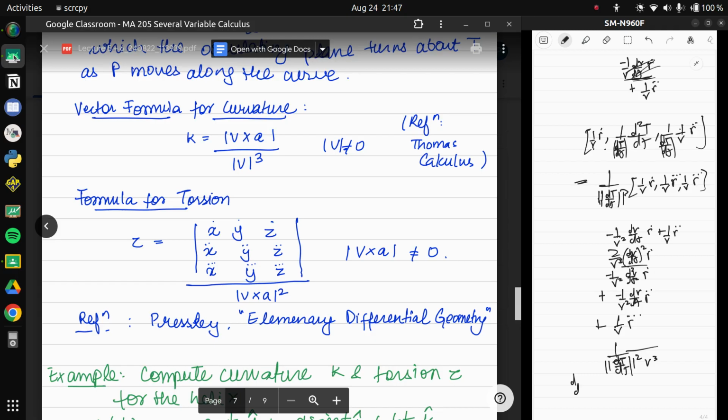How does that even happen? You got a v cubed, huh? Cross product. What? Why? Something isn't quite right. I don't know what the problem is.